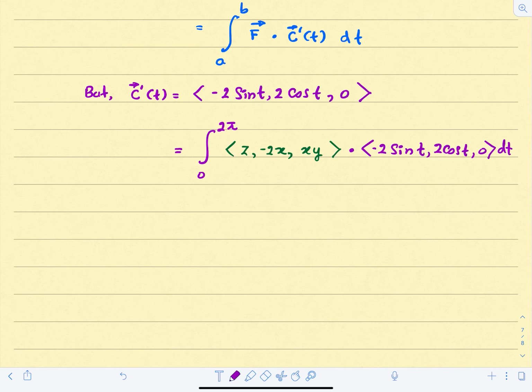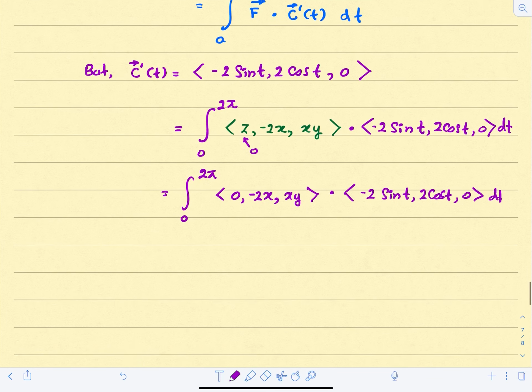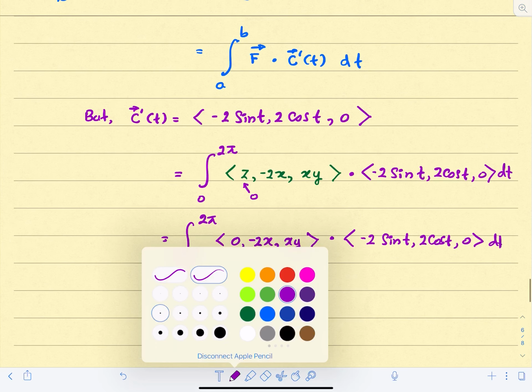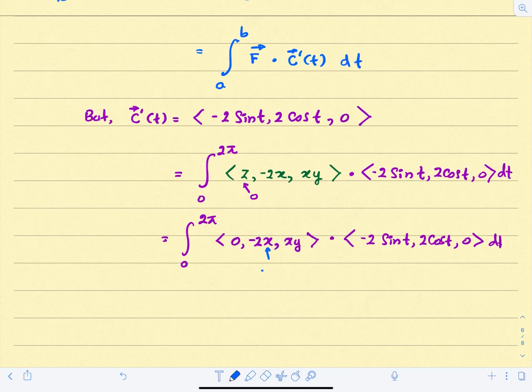So now what we have is 0 comma negative 2x comma xy dot negative 2 sine t comma 2 cosine t comma 0 dt. But on the curve, your x coordinate equals 2 cosine t and y coordinate equals 2 sine t.